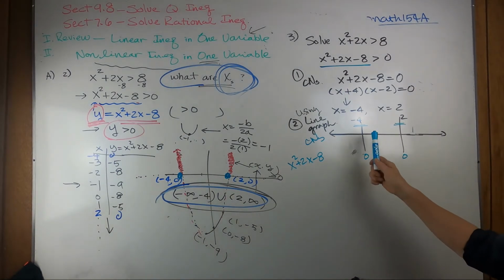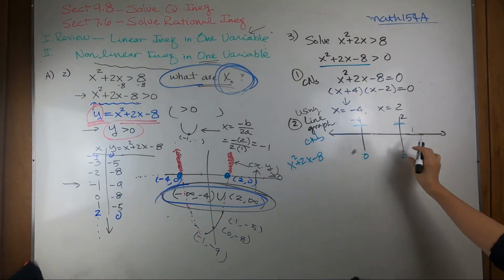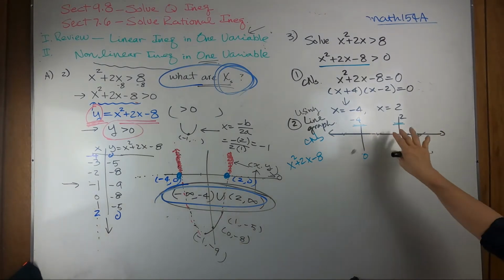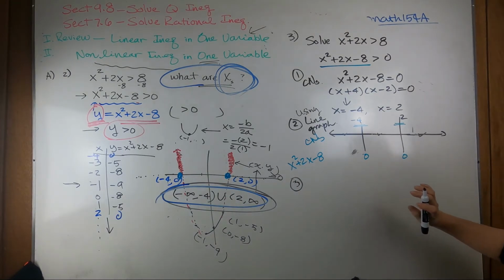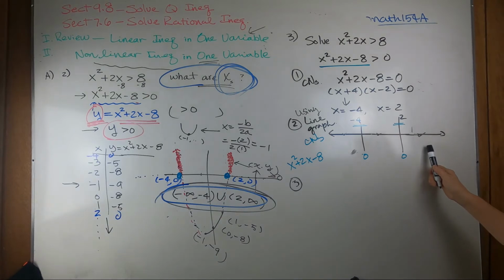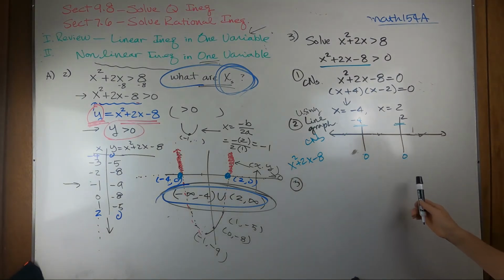Then when you use critical numbers, how many areas do you mark? 1, 2, 3. Split it into 3 areas. Then the answer will be within there, either the first part, second part or third part.